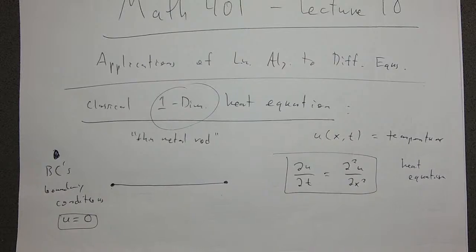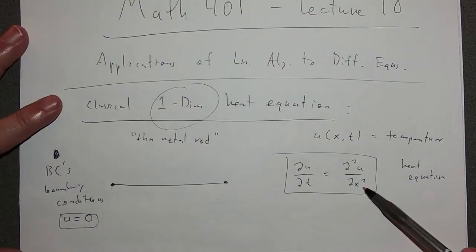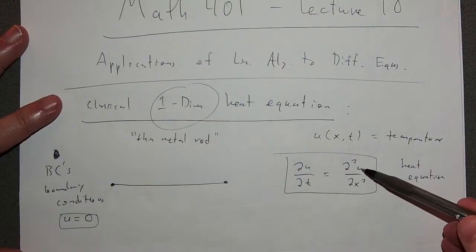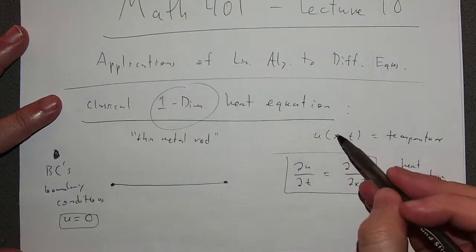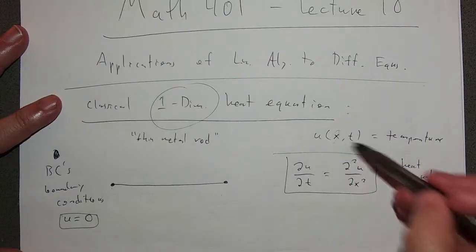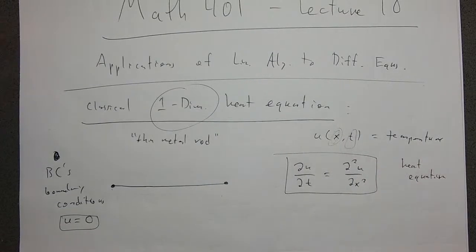The trace of the Hessian is going to be the sum of the pure second order terms. So it's going to be u sub xx plus u sub yy plus u sub zz. Notice that the second order partials we're talking about are only with respect to the space variables, because we have space variables and a time variable here.